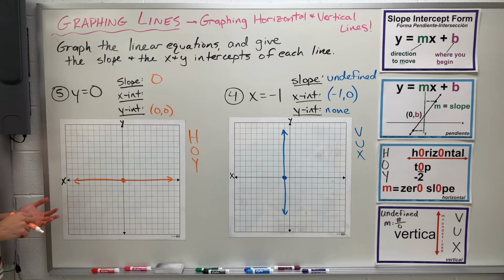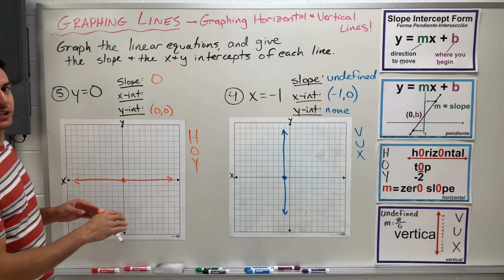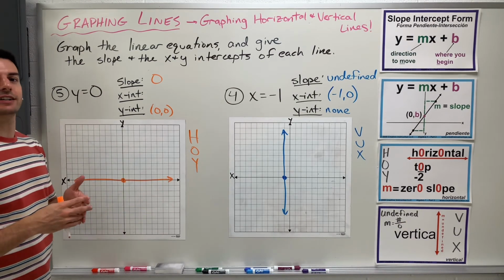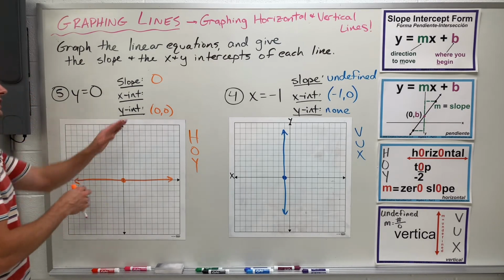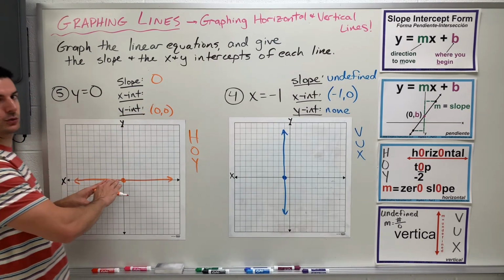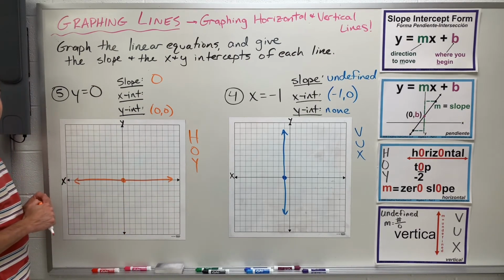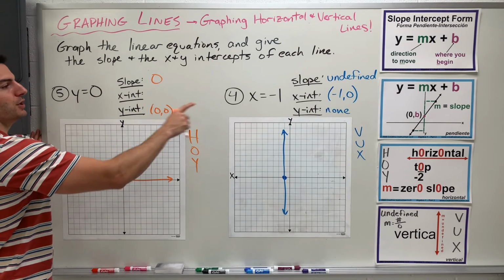Now, x-intercept. This one's interesting because this line is basically the x-axis. So if I'm wondering, where does this line touch the x-axis? It's always touching the x-axis. Usually this would be none, like no, it doesn't usually cross, but this is the one circumstance where, yes, it does touch the x-axis because it's basically the same as that. So for this, I would not put none.